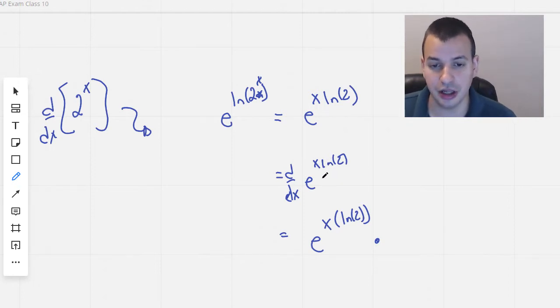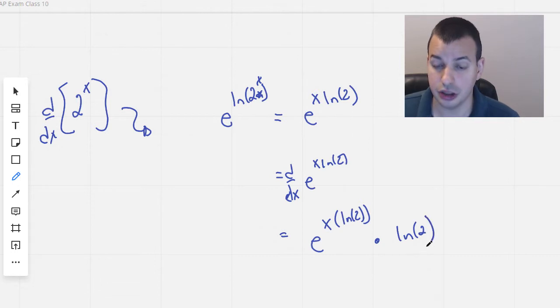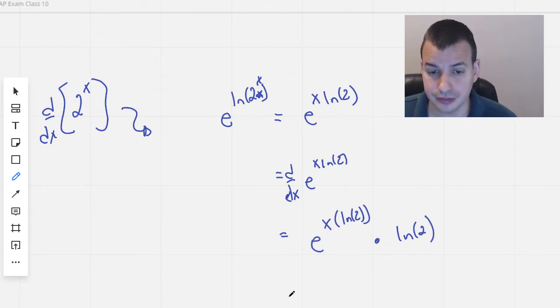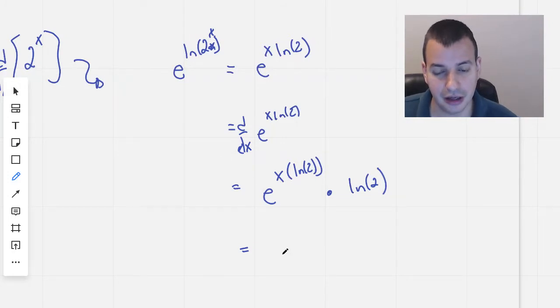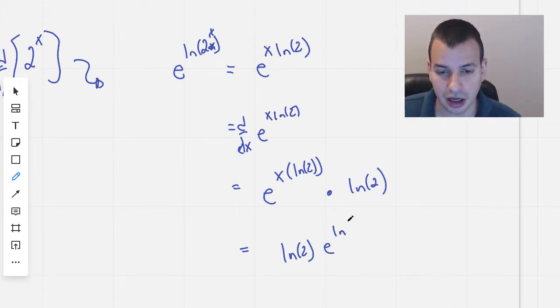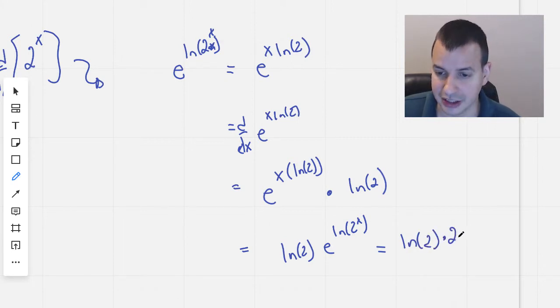Derivative of x times natural log of 2 will just be natural log of 2. So then from there, we rearrange it again, put natural log of 2 over on this side, and then we have e to the natural log of 2 to the x again, basically put it back, and that gives us natural log of 2 times 2 to the x.